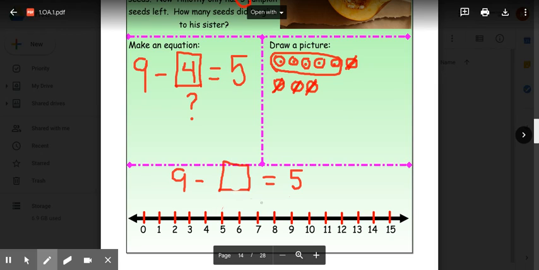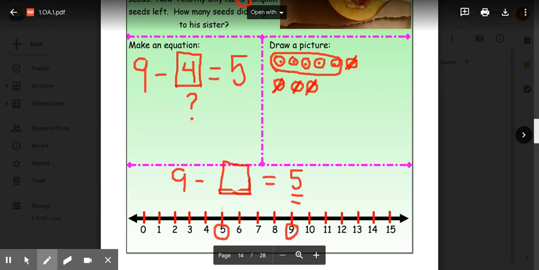All right, I know Timothy starts out with 9 pumpkin seeds. I don't know how many he gives away, but I know he ends up with 5. So the number I'm going to end on is 5. Now, as I count backwards, my unknown number will be how many jumps it takes me to get to 5.